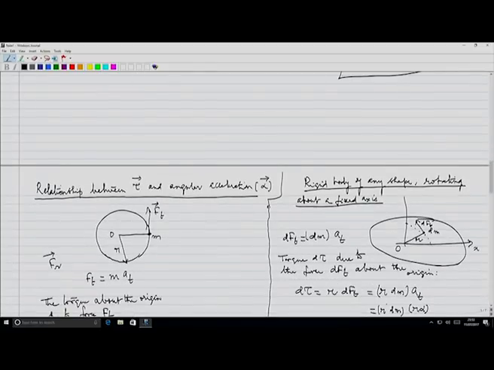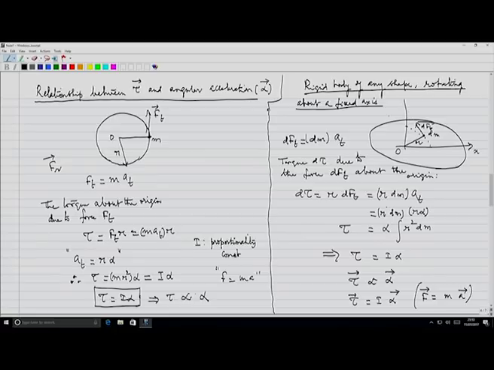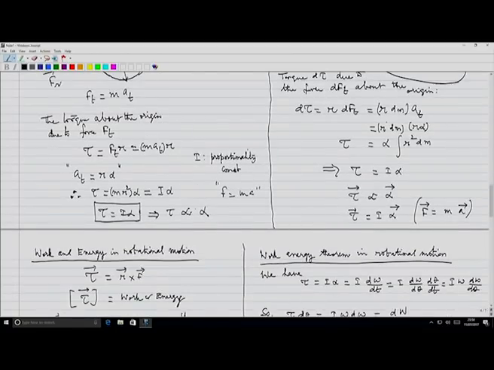After that we discussed the relationship between tau and alpha, which is a very important relationship. It says that tau is equal to I, the moment of inertia, times alpha. This we did at the level of dynamics, and this is the so-called Newton's equation in rotational motion.